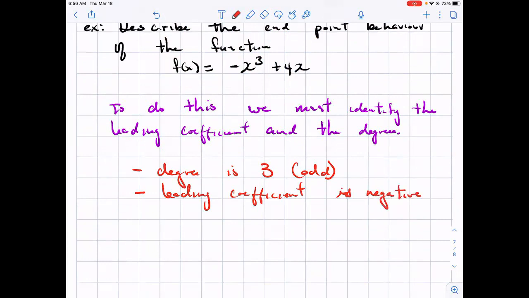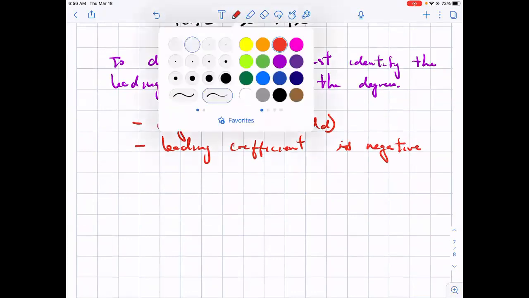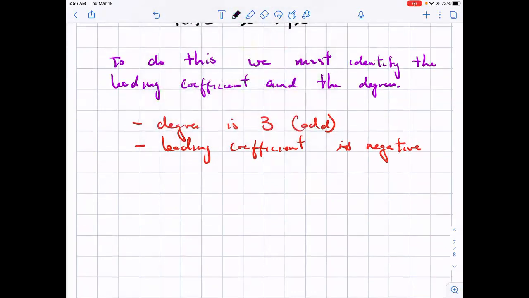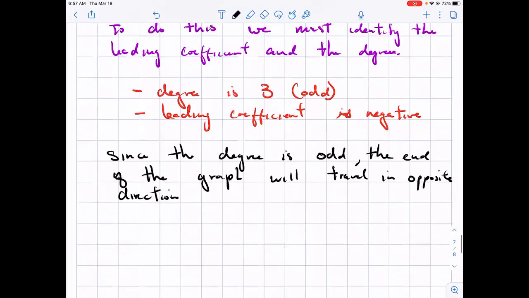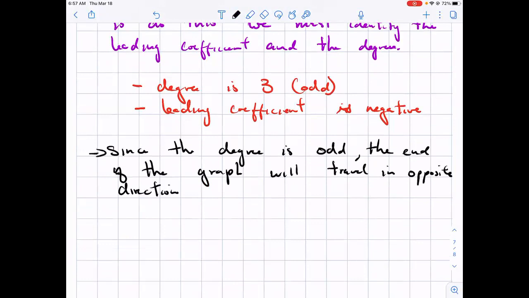Since the degree is odd, the ends of the graph will travel in opposite directions. That's 1.